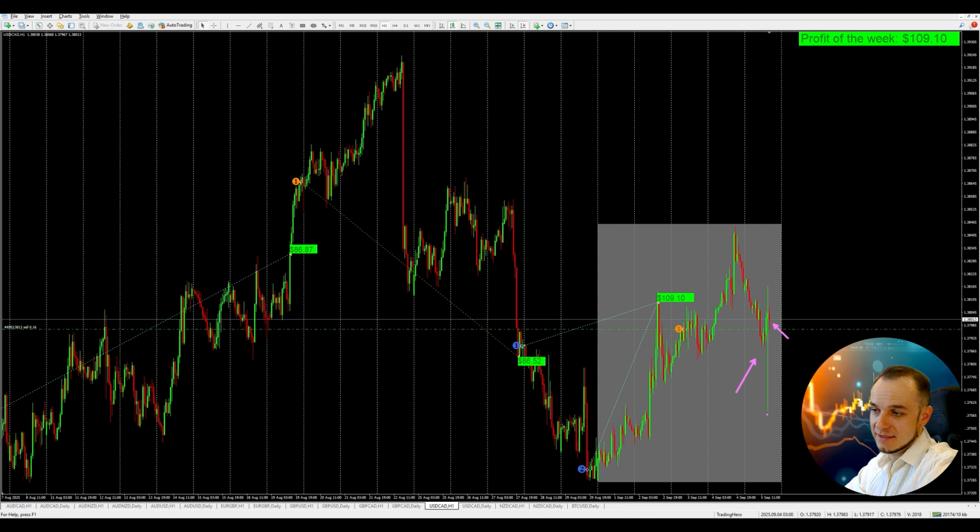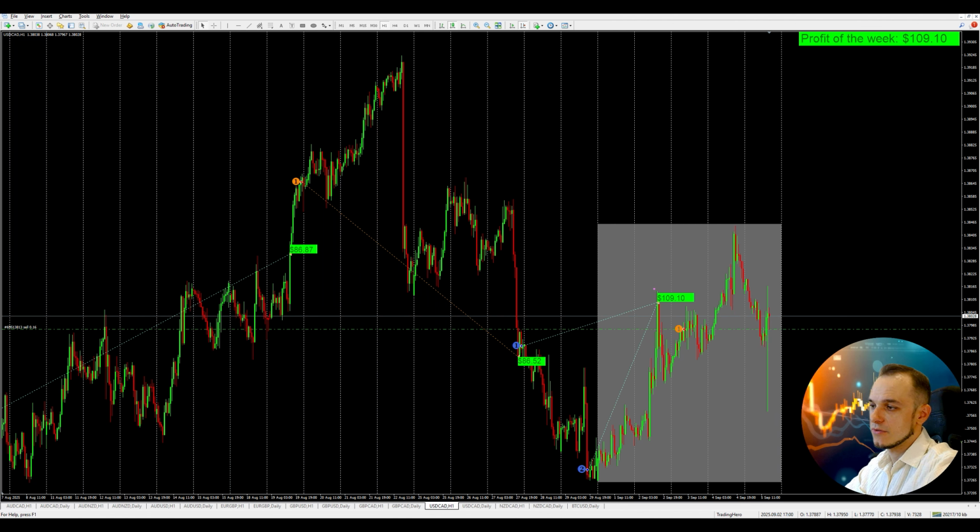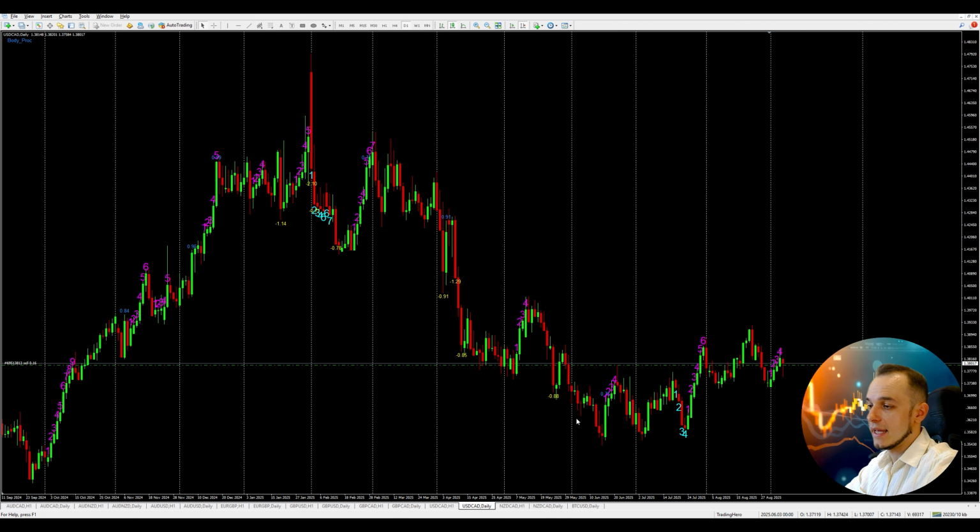We cannot say that the growth is really huge, but we made this spike down, and now we can see that the price is consolidating in the previous price range, so we can say that the probability that the uptrend continues is really high. As for our trades, we closed 2 trades from the previous week and opened 1 sell trade. The profit is $109.